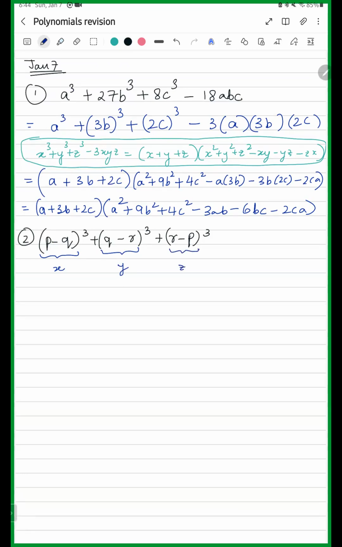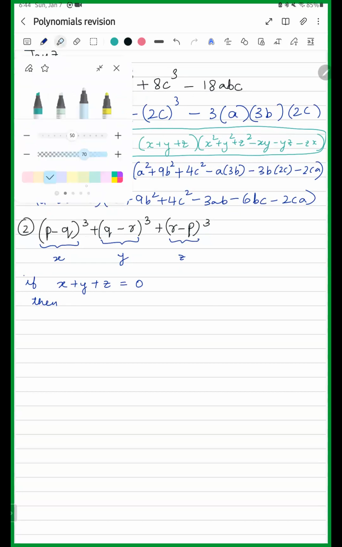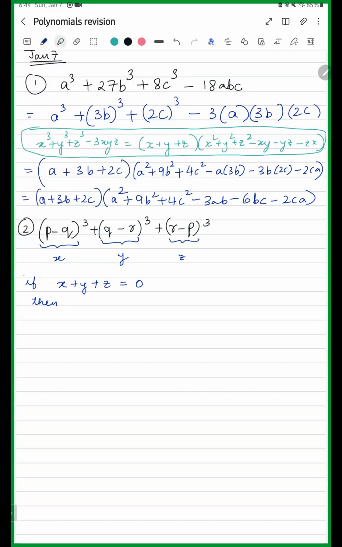And we know that in this green equation that we've written here, if x plus y plus z is 0, then the LHS, you can just think of it like this, the entire thing becomes 0, right?